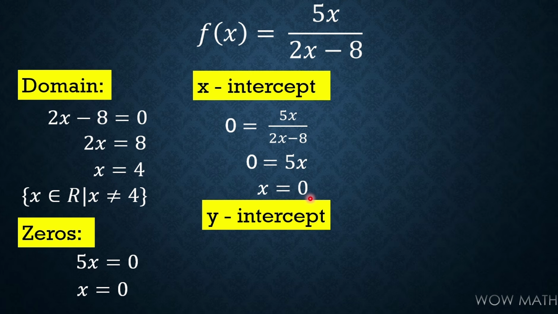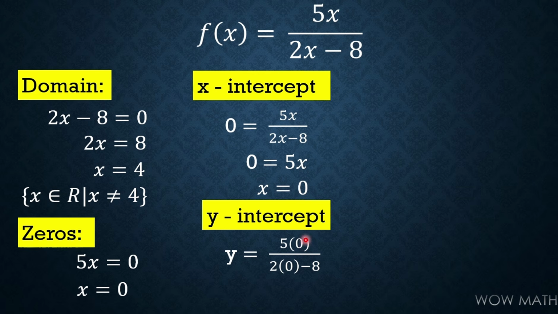Para kunin naman yung Y-Intercept, yung tinuro kong shortcut dun sa how to find the intercept of rational function. So, ano ba yung ginagawa doon? Pwede nyong gamitin yung kunin yung constant. Or, papalitan nyo ng 0 yung mga x natin. So y is equal to 5 times 0 over 2 times 0 minus 8.